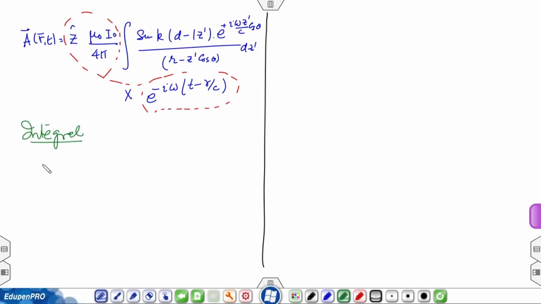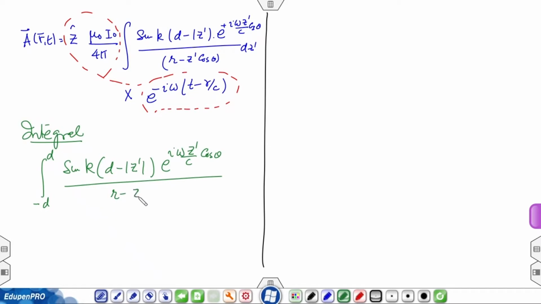The integral is integration minus d to d sine k d minus mod z prime e raised to I omega z prime over c cosine theta over r minus z prime cosine theta dz prime. By the way, k is omega over c.